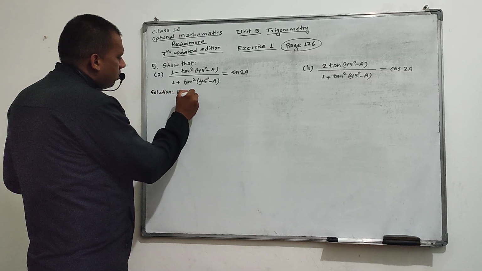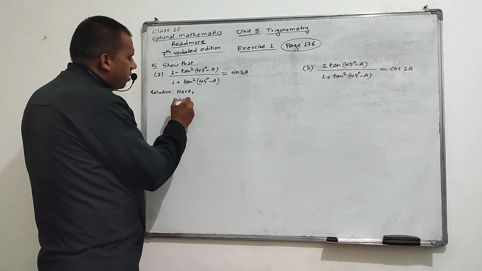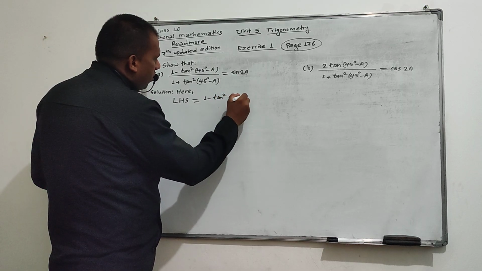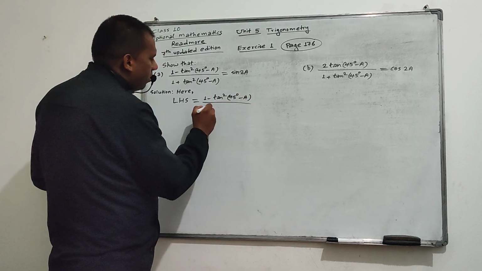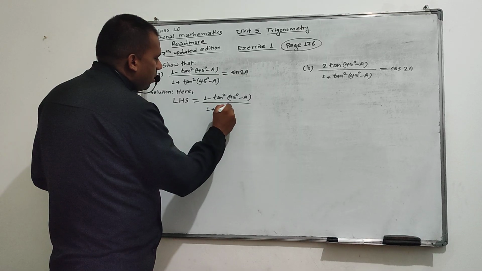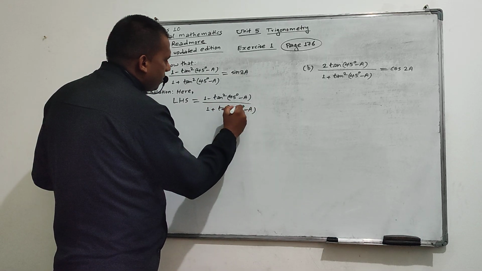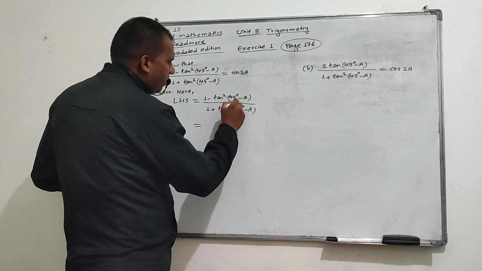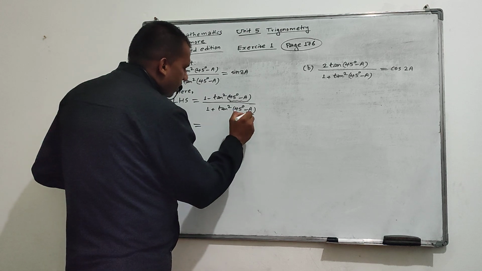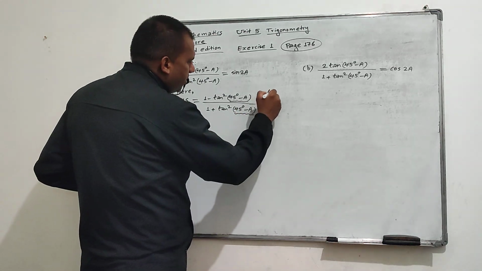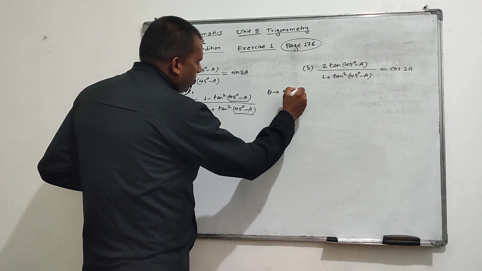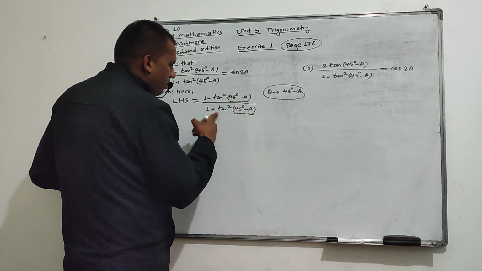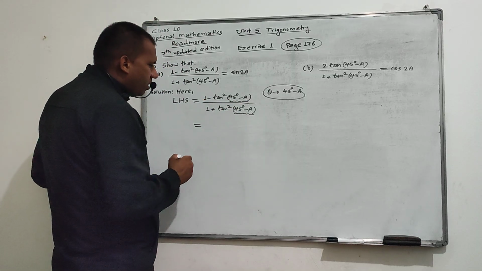Here, left hand side, LHS equals (1 minus tan square (45 degree minus A)) upon (1 plus tan square (45 degree minus A)). This is in the form of (1 minus tan square theta) upon (1 plus tan square theta), where theta means 45 degree minus A. This is the formula of cos 2 theta.